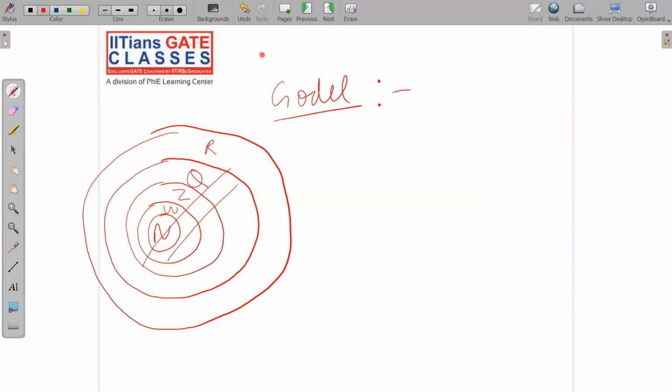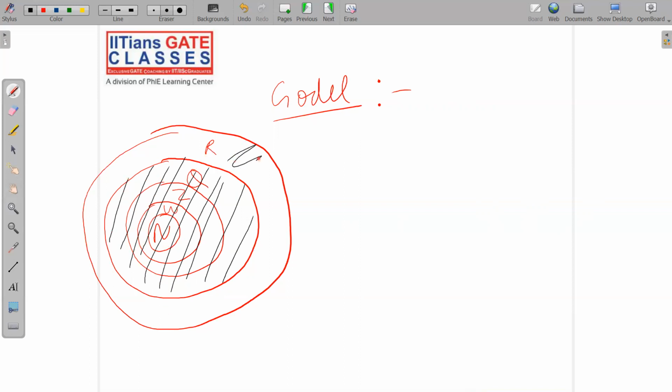Okay, let me use a different color. Till rational numbers, that is till Q, all these are countably infinite. But after that, this is just like water. That is irrational numbers.